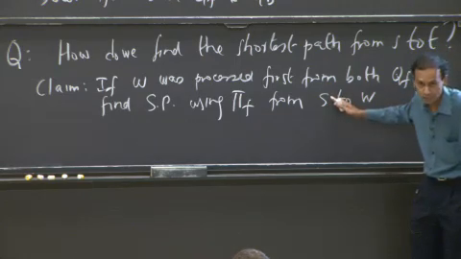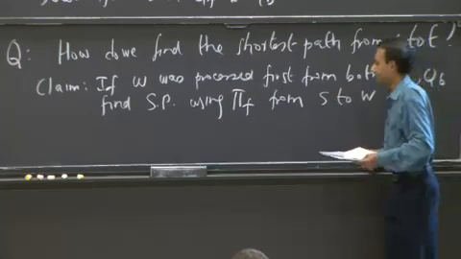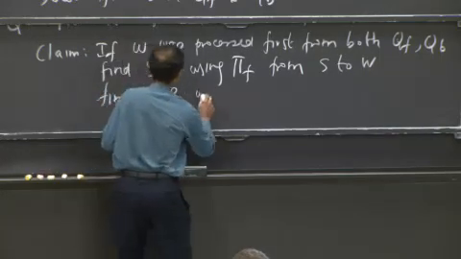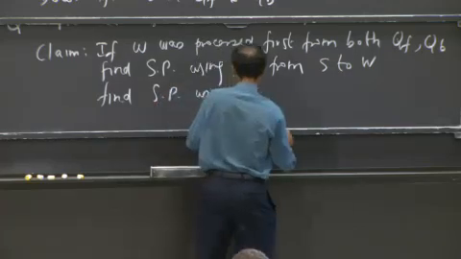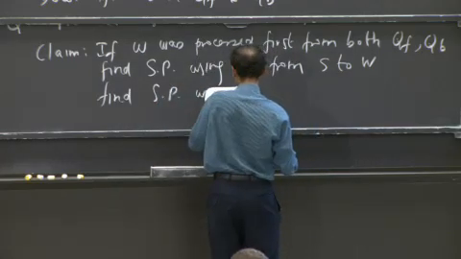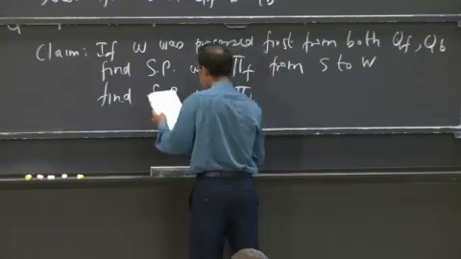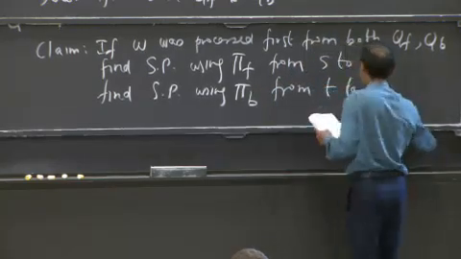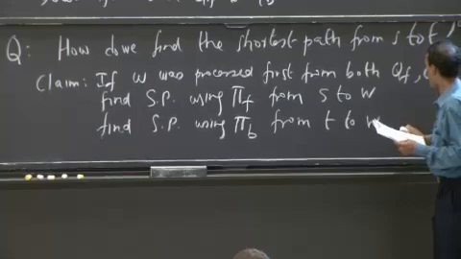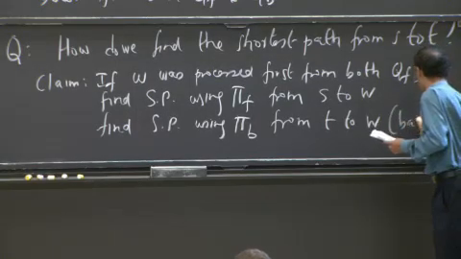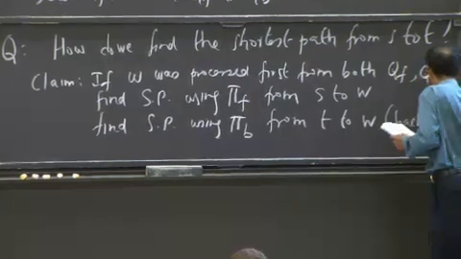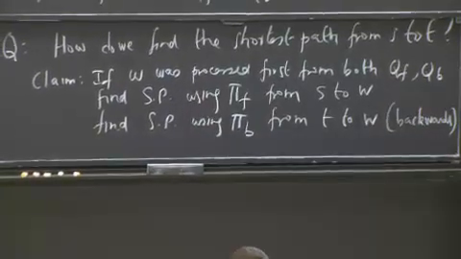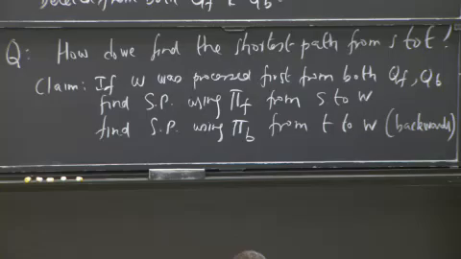Everybody knows this. You've coded it, so I hope you know it. And then we find the shortest path using pi b, right? And you're going to constantly apply pi b, and this is the backwards path from T to W. And this follows the edges backwards. All right? And this sounds pretty good? Everybody agree with this? Anybody disagree?